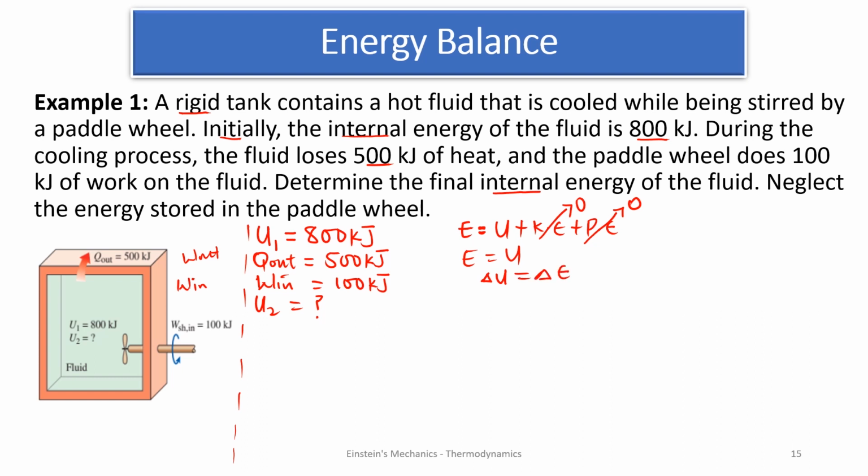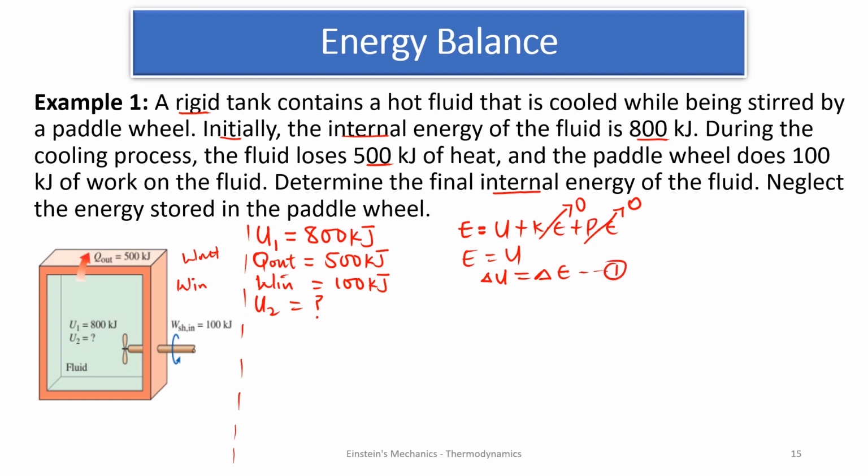Are we good? Alright. And we also know that when heat and work are involved in a system, the equation for it is, so first we've established that the change in U is equal to the change in the total energy from this equation. That's one.